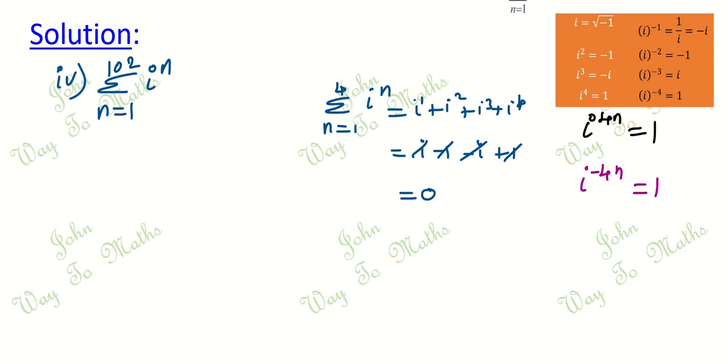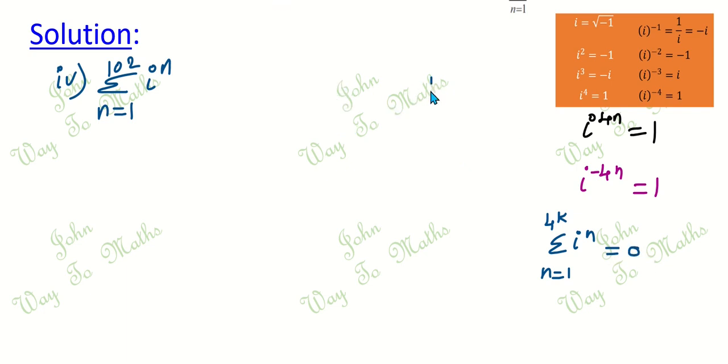So when the summation goes up to a multiple of 4, we get the result 0. I am going to introduce another concept: summation of i power n, n varies from 1 to 4 times k, where k can be 1, 2, 3, 4, something like that. We get the answer 0.